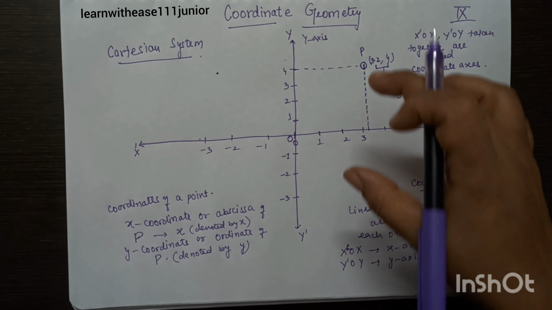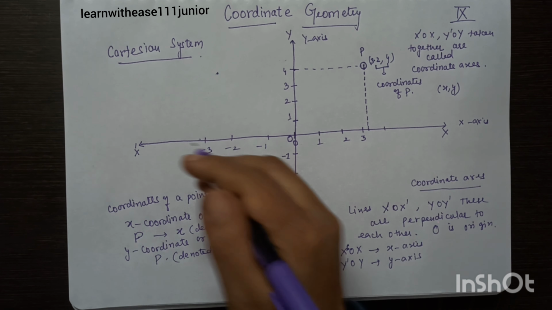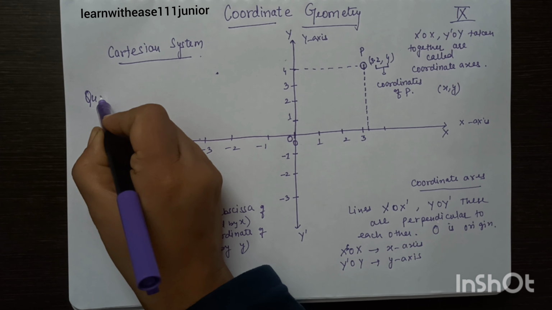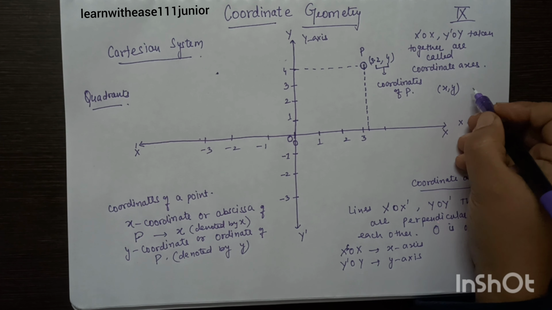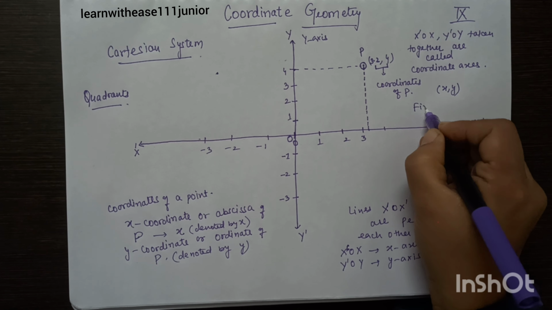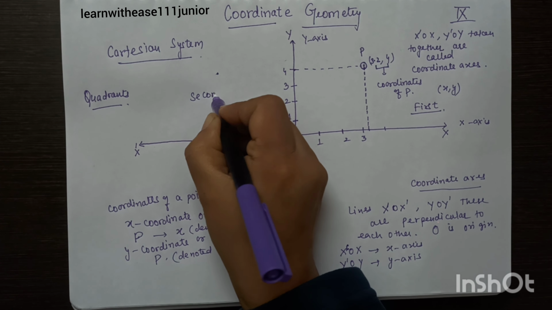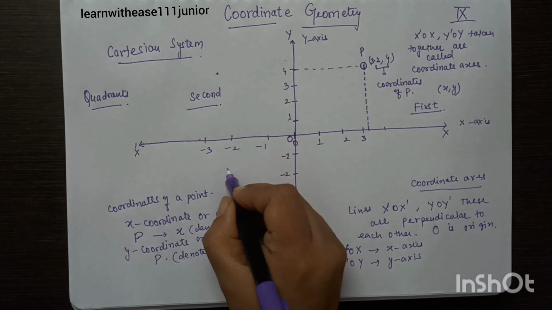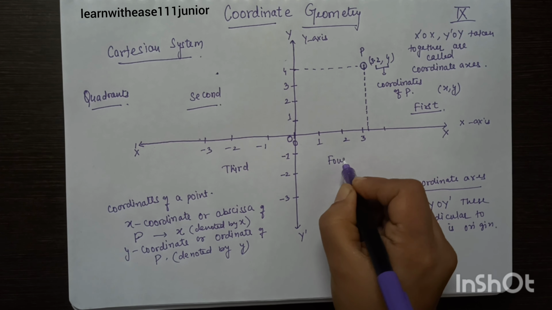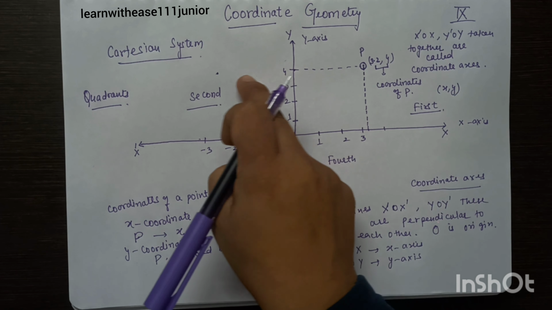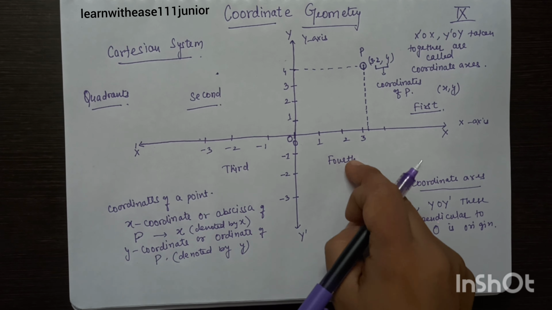Next thing is, what do we call these four portions? These four portions are called quadrants. This one is first quadrant, this one is second quadrant, this one is third, and this one is fourth. We move anti-clockwise. First, second, third, fourth.